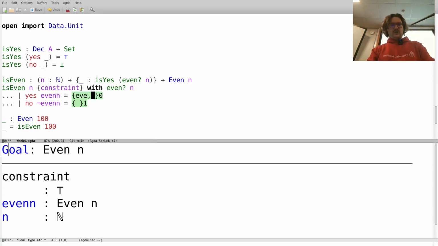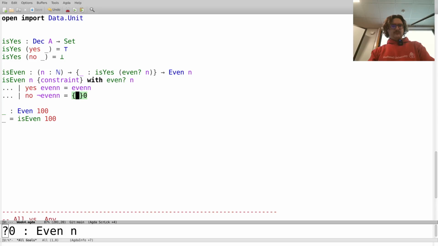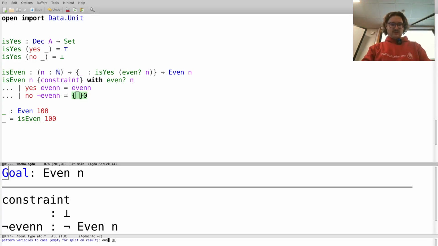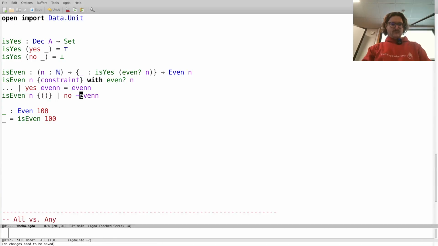And so we can return that proof. In the no case, Agda didn't even list it originally because it's obviously impossible. Why is that so? Because the intermediate computation reduced to no, and so is yes of no reduced to the empty type, and we saw that the empty type is impossible. So now this can just be discarded. I could match on the constraint, or I could just leave it out entirely.